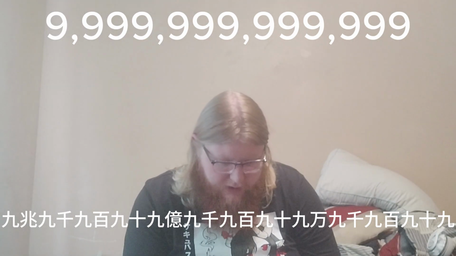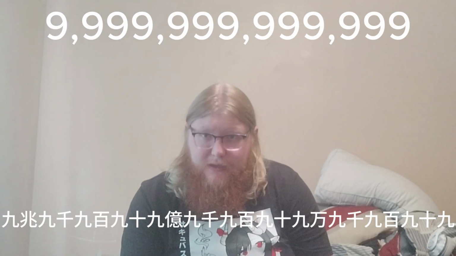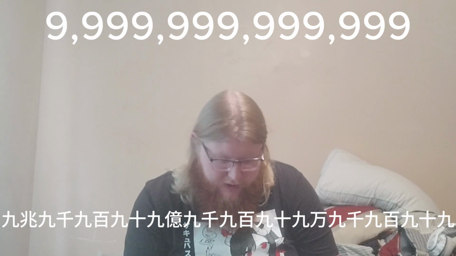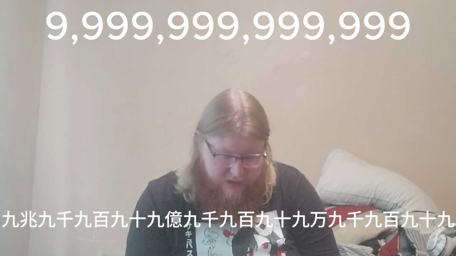And then to make the second one, we can then add in the word for 10, because it's the tens unit.